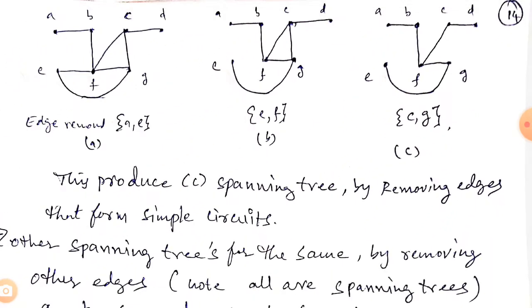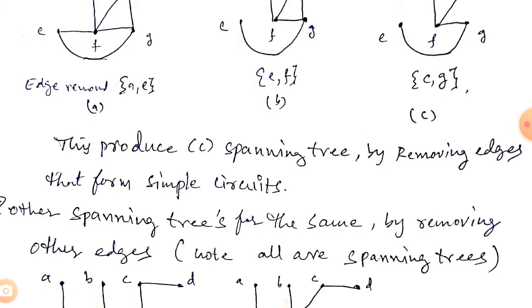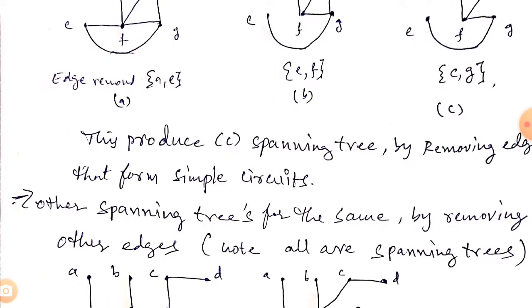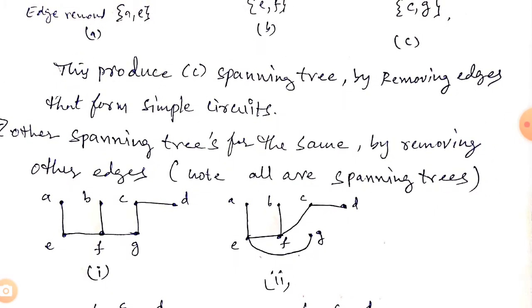Therefore this is called a spanning tree. We can produce not only one spanning tree; if you remove other edges, you can produce another spanning tree. This spanning tree was produced by removing the edges that form simple circuits. Now you can see other spanning trees for the same graph, produced by removing other edges.